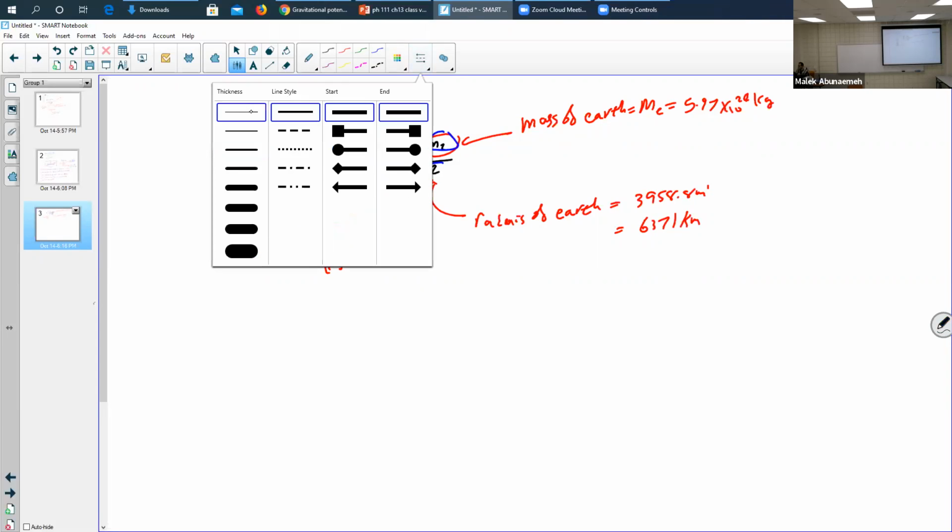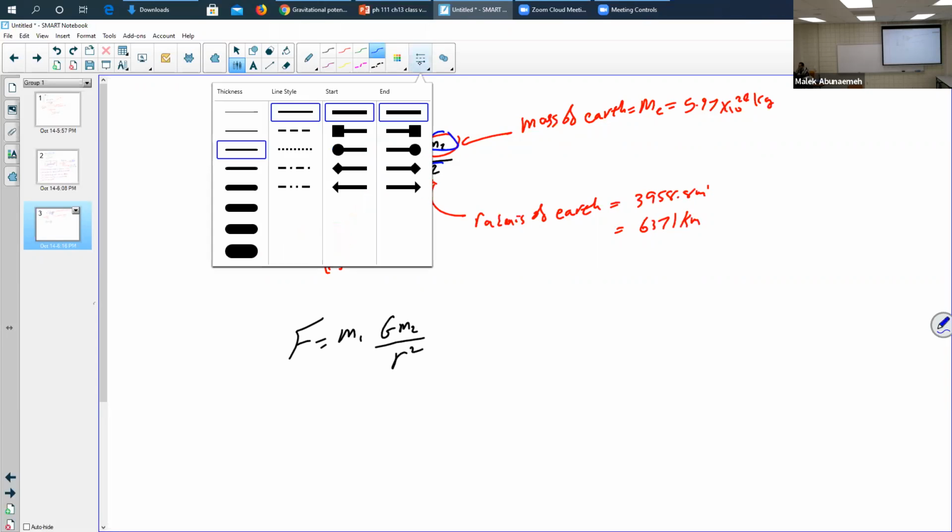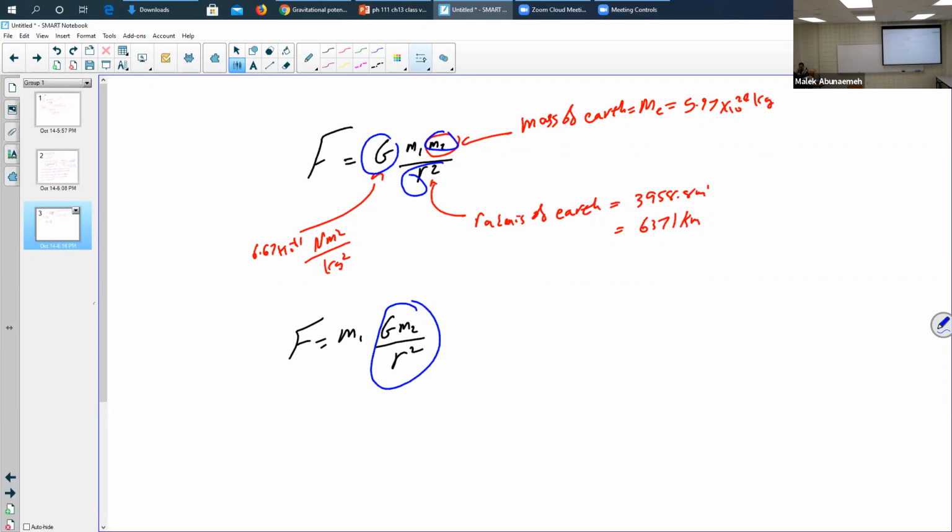So let's rewrite the formula. The only one we don't have is M1. So F equals M1 times G M2 divided by R squared, which, if you actually calculate all three of those, you're going to get an acceleration.